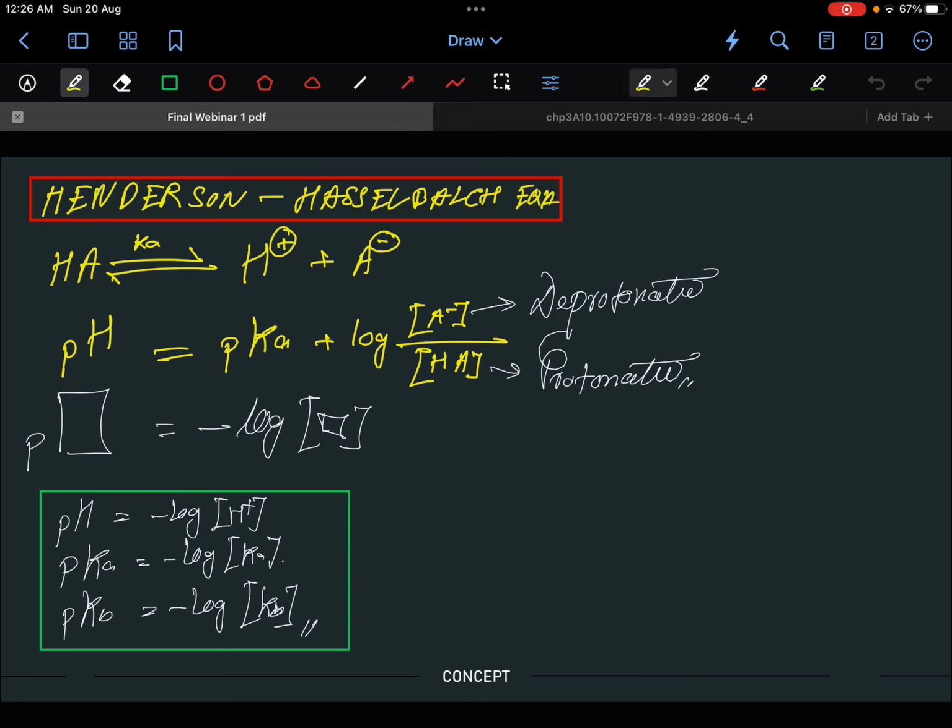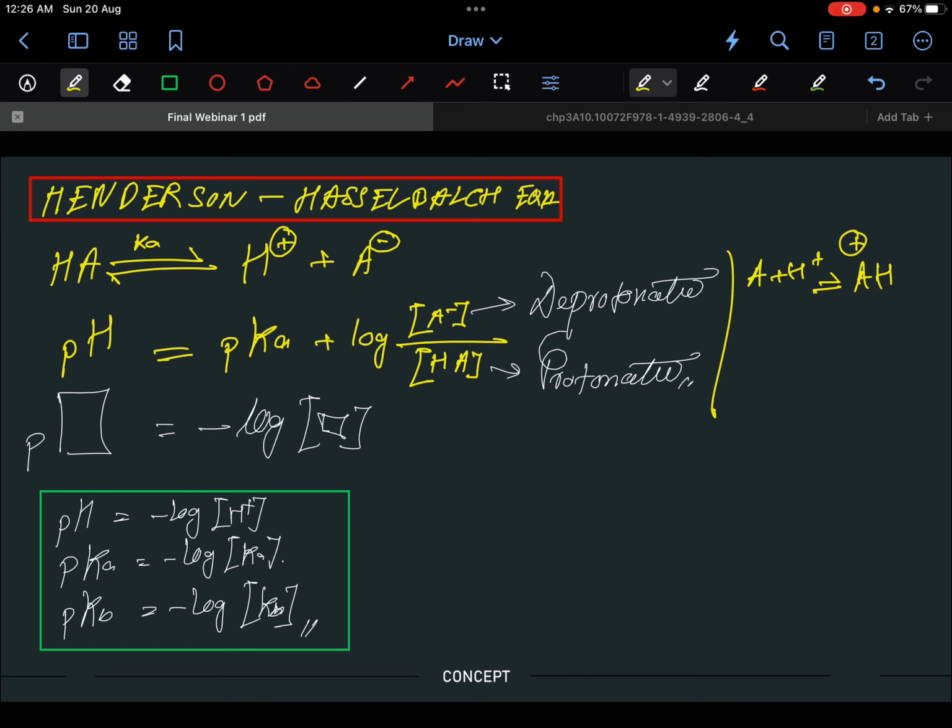This is the Henderson-Hasselbalch equation for acid. So what will be the counterpart for the base? It is very similar to this one. A base will accept H plus, right? So A plus H plus gives AH plus.